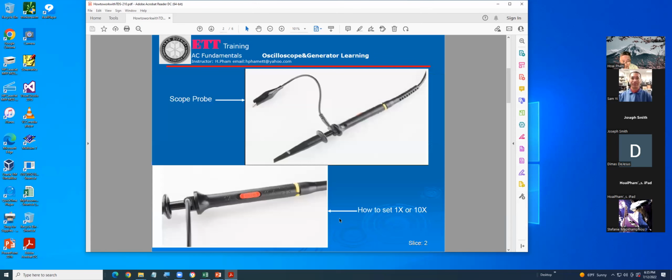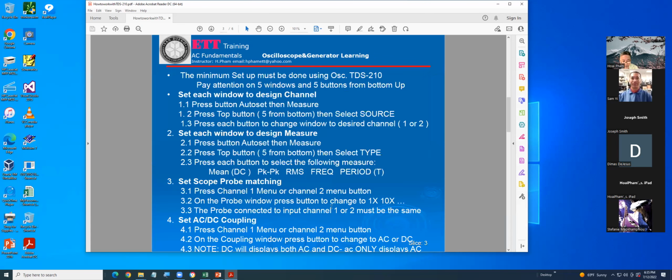Okay? And now you can see here, they are already telling you how to set the window to measure. Set scope probe matching. Press channel 1 menu or channel 2.